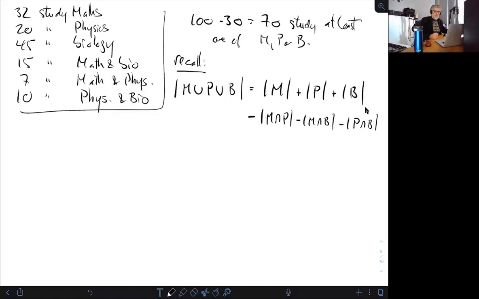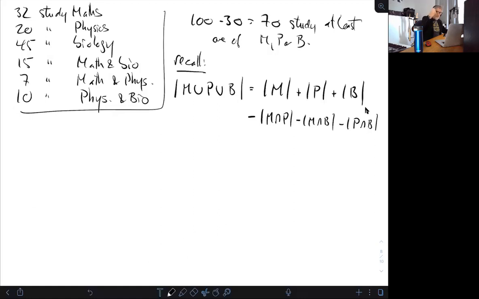No, because now if you think about it, think of those students that study all three. You've counted them once for math, once for physics, once for bio. So you've counted them three times. But now you've removed them when you counted those doing math and physics. You've removed them when you counted math and bio, and you removed them when you did physics and bio.